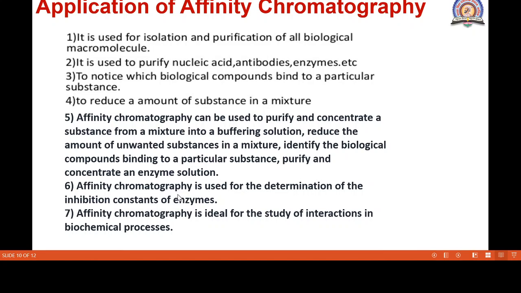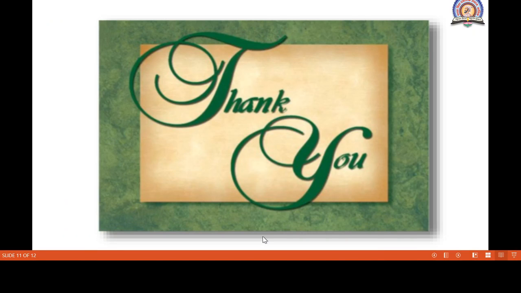Okay, this affinity chromatography is used for the determination of inhibition constants of enzymes. This affinity chromatography is ideal for the study of interaction in a biochemical process. Okay, so students, you have to remember all these applications of affinity chromatography.